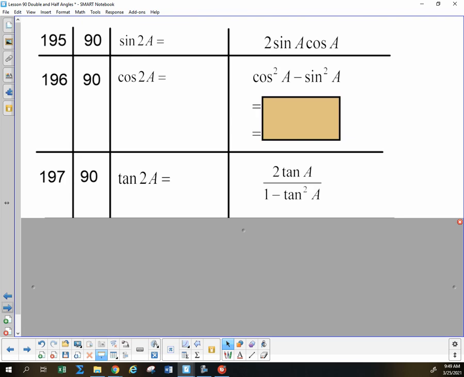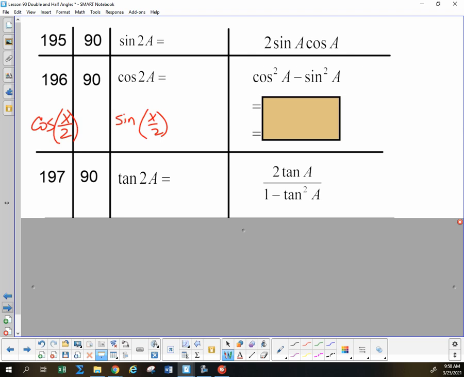So far we have these 3 identities. We now want to come up with some for sine of x over 2 and cosine of x over 2. So let's suppose I wanted the sine of 22.5.